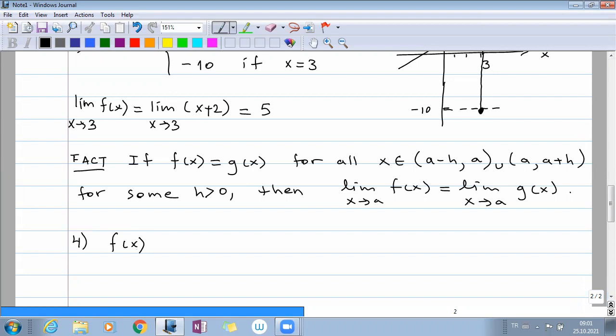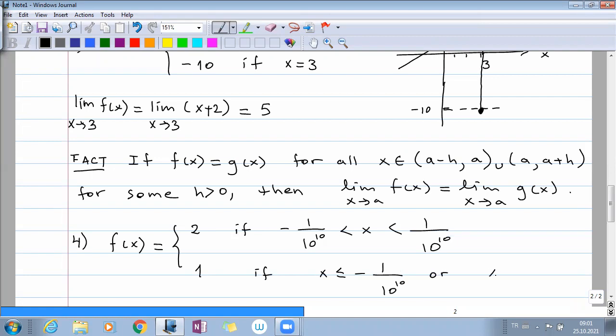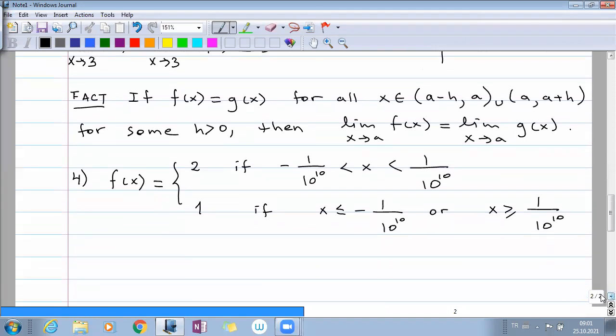Even if it is too small, like if you have the function f defined to be the constant 2 if x is between minus 1 over 10 to the 10 and 1 over 10 to the 10, and it is defined to be 1 if x is less than or equal to minus 1 over 10 to the 10, or x is greater than or equal to 1 over 10 to the 10. 1 over 10 to the 10 is a very small number, but it is positive. It is not 0.